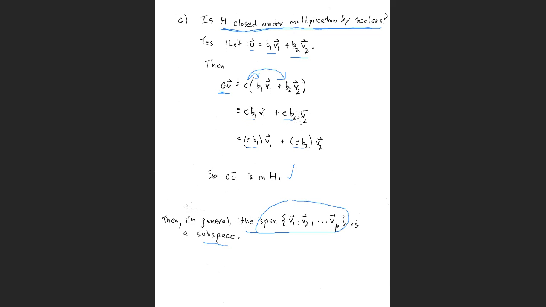So basically, I think you can intuitively see that. It wouldn't be too hard to show that the span of three vectors is a subspace, right? Using this approach. So the span of any two vectors or more is a subspace. The span of one vector is a subspace. If you had the span of V1, that's a subspace. So the span of any number of vectors is going to be a subspace.